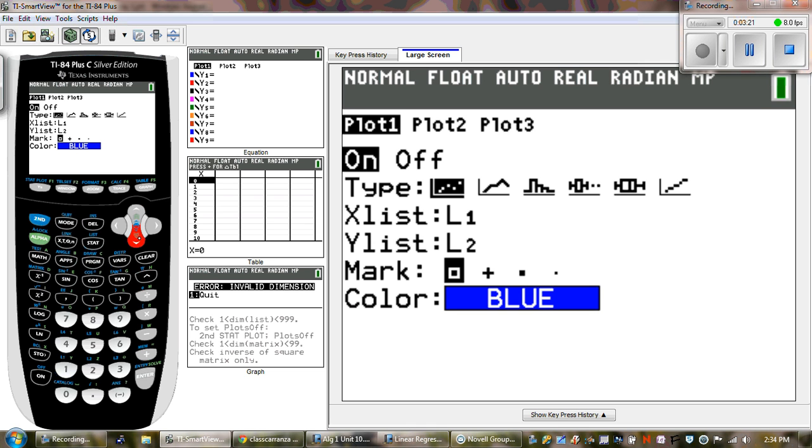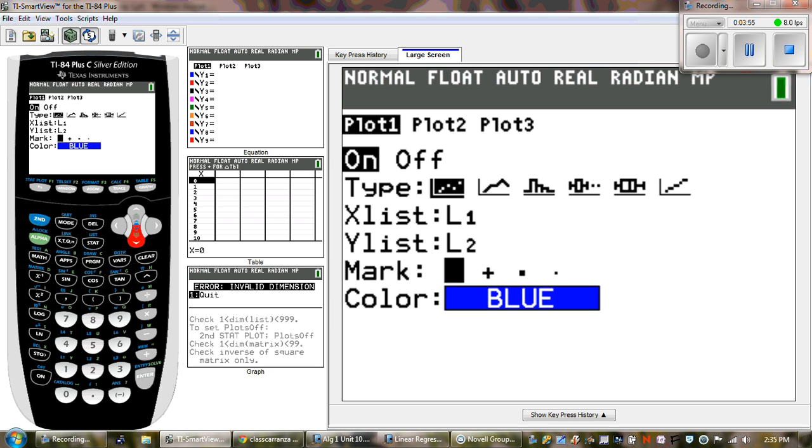I see the 6 different graphs, 1, 2, 3, 4, 5, 6. I want the points one highlighted. And then the last thing that I want is the mark, and I want that mark to be the first one. Okay, so that was step 1. Make sure that plot 1 is highlighted and selected, and so are these options.